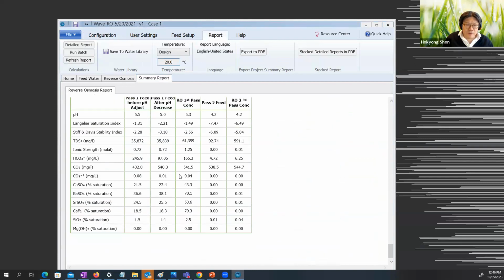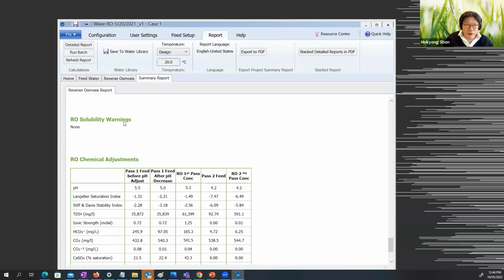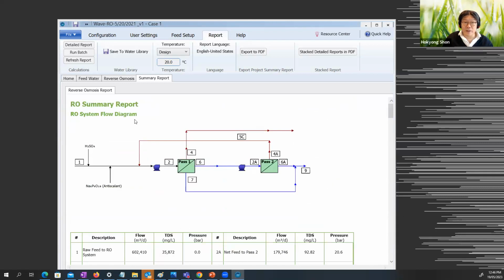So our expectation is that we have no solubility warnings. It used to be a higher pH with sodium hydroxide. That's the reason why previously we had a warning in the RO second pass. It was red color. That's the reason why they recommend putting some anti-scalant or pH adjustment. But based on our change, we found this one has a very good design of the system.